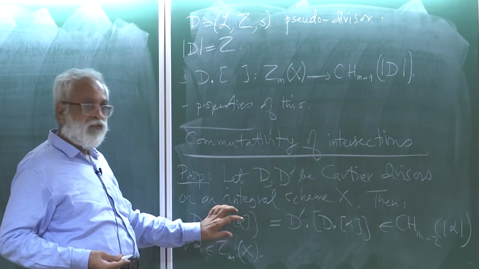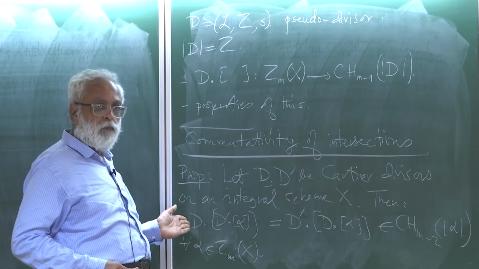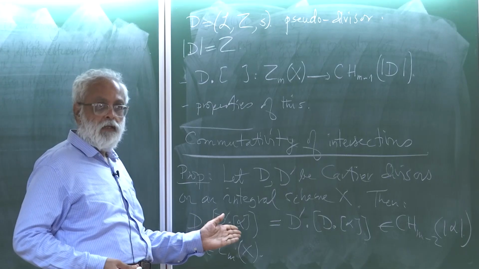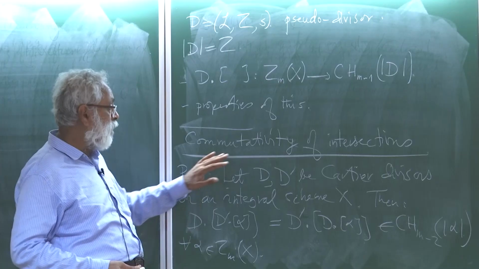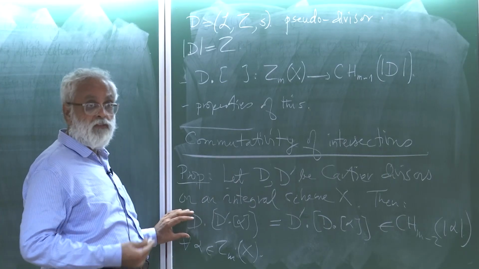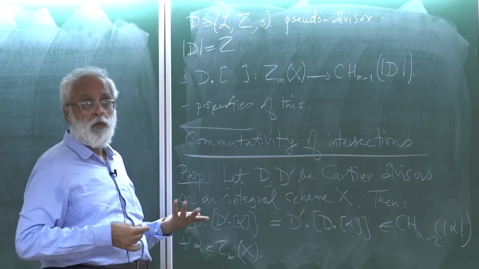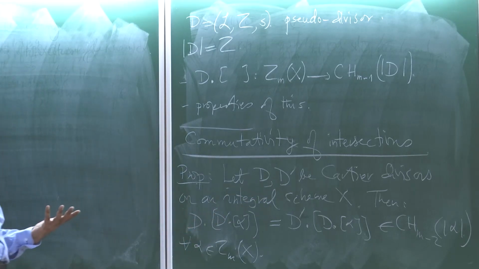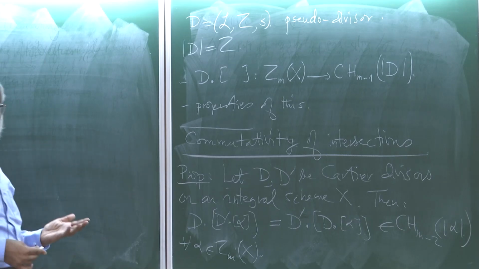So whatever this object is here in the middle, it makes sense to intersect D with that in the sense of pseudo divisors. D is a Cartier divisor on X, so D is a pseudo divisor on X in a tautological way, but then anything mapping to X I can pull back and get a pseudo divisor on that thing. And then intersection with the pseudo divisor makes sense in that place.